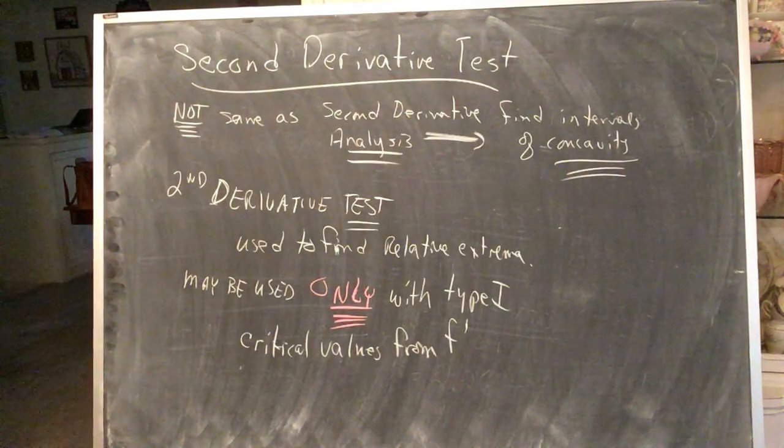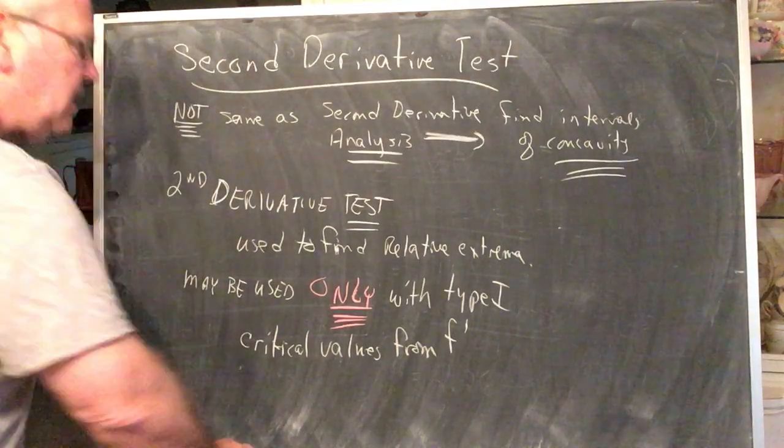So the second derivative test is used to find relative extrema, to categorize relative extrema as maximum or minimum. And it may be used only with type 1 critical values from f prime.